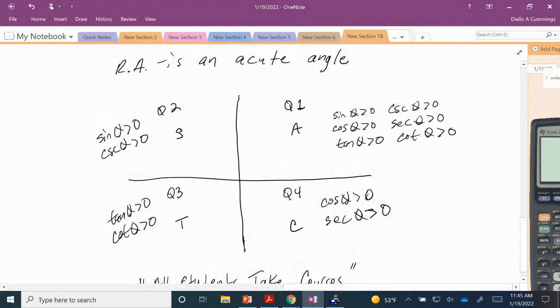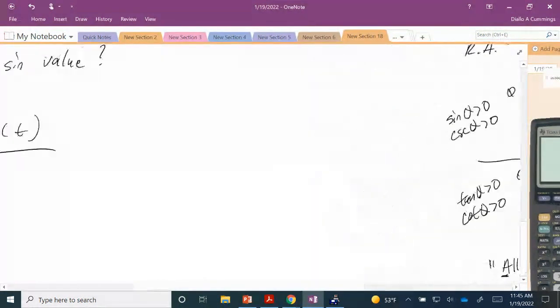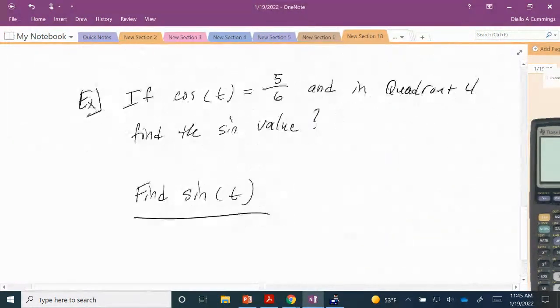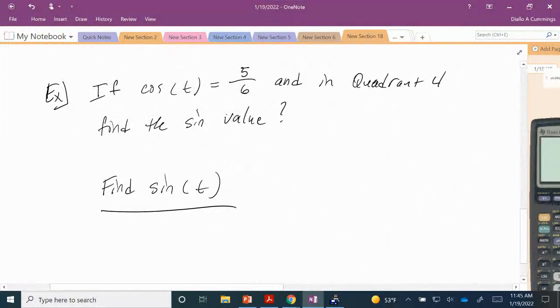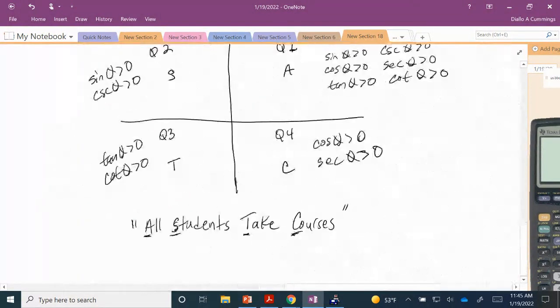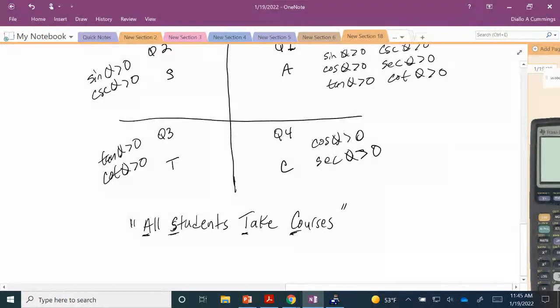So how does that help us with our problem? Well, the angle itself, which in this case is t, is in the fourth quadrant. If I'm in the fourth quadrant, the only things that are positive are the cosine and the secant.